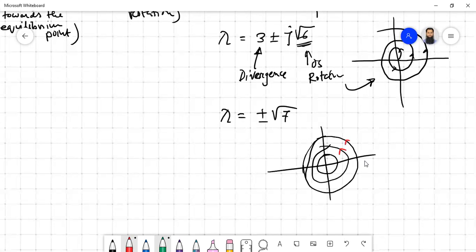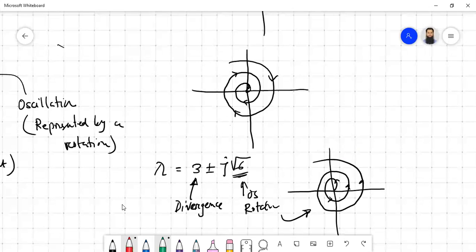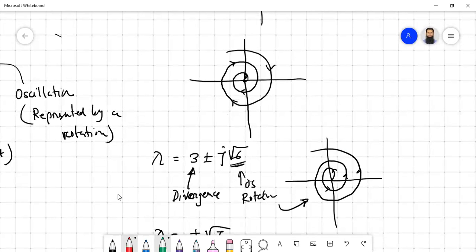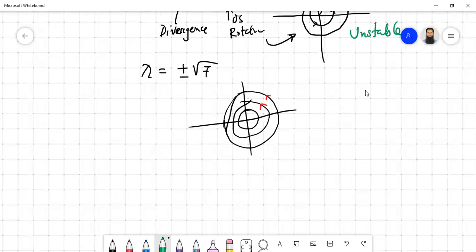Okay, but what is the system's stability analysis? From the stability point of view, what we can conclude is that this one is converging to the origin, so it is a stable system. Since this one is diverging from the equilibrium point, it is unstable. And for this one, it is neither converging nor diverging, so we can call it marginally stable.